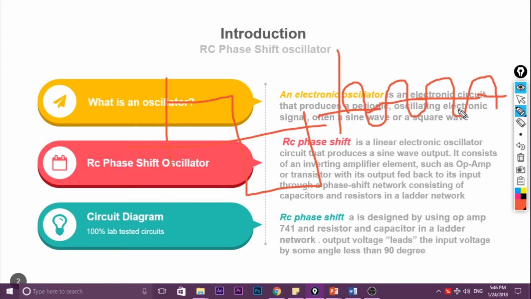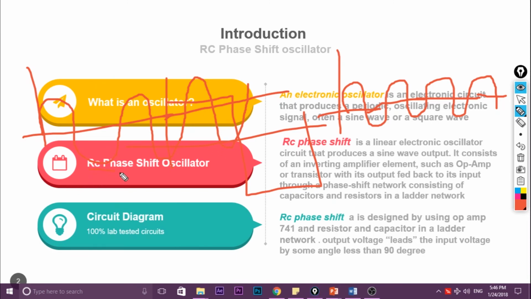This is called a periodic wave. A sine wave is called a periodic wave. The signal is often a sine wave or a square wave, anything may be, but it should be periodic. A device that produces this type of oscillation is called an oscillator. I can't say instrument, an electronic oscillator is a circuit.